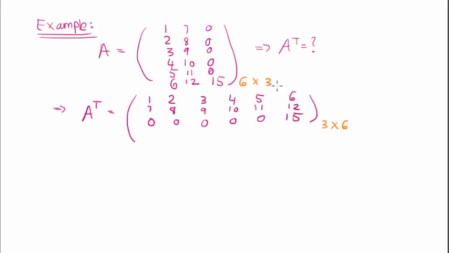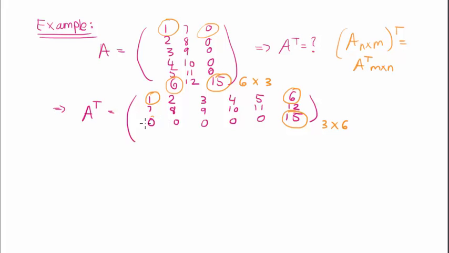So yeah, for an n by m matrix, the transpose of that will have dimensions of m by n. And again, you can just check: the 1 over here is still the same, the 15 over here is still the bottom right element, and the top left element stays the same. And then the 6 over here is 6 over here, so they got switched. 0 is here, 0 is here.